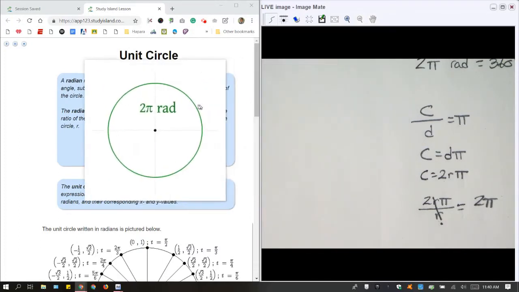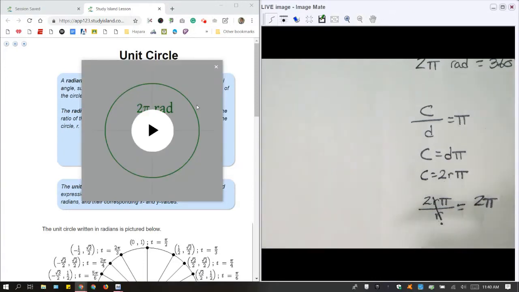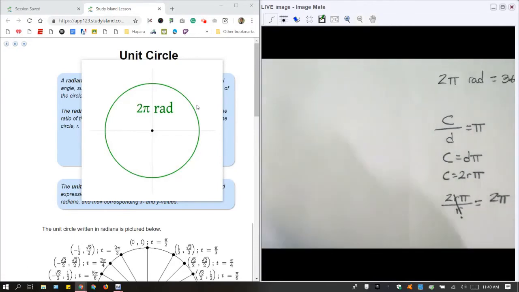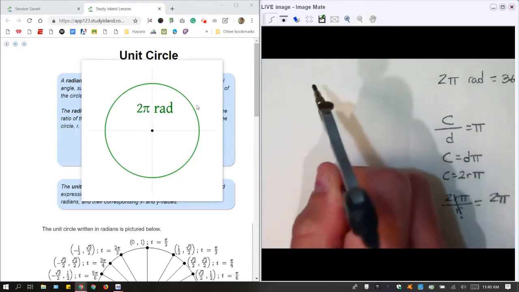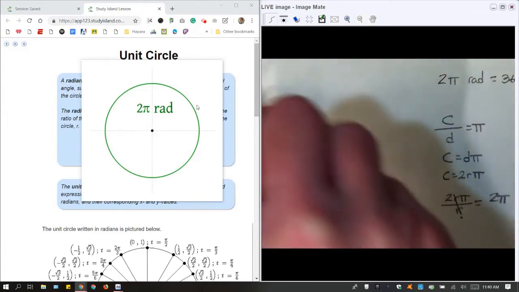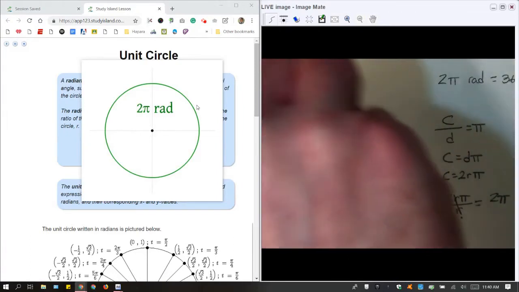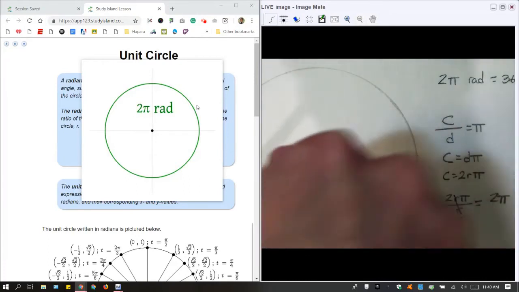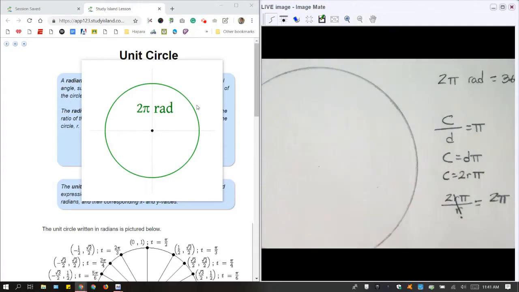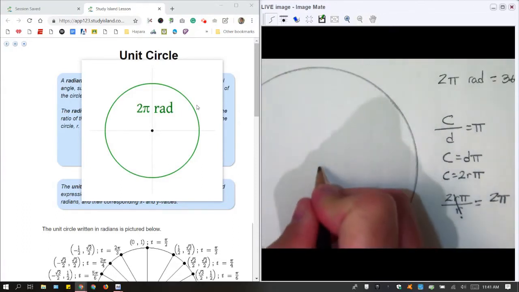So now we can do some stuff with that. Let's take a circle. Let's say we've got a circle here. I'll draw one real quick. Okay, there's a circle, and I've got my center right there.